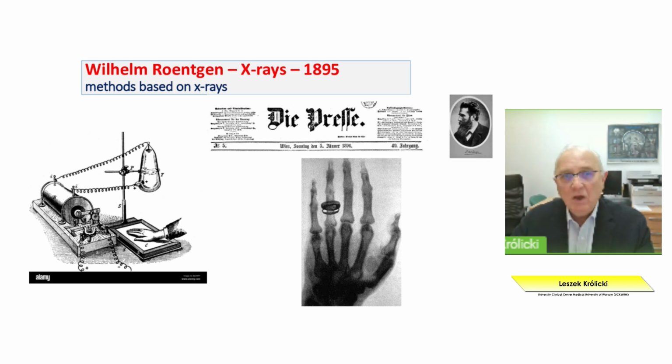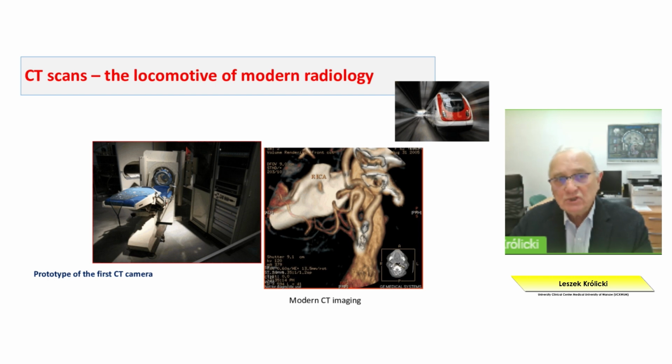So which imaging methods are available? Of course, we use the methods related to detection of X-rays. This is a very famous image of Madame Röntgen with her wedding ring. A follow-up was radiological studies, such as CT scans.